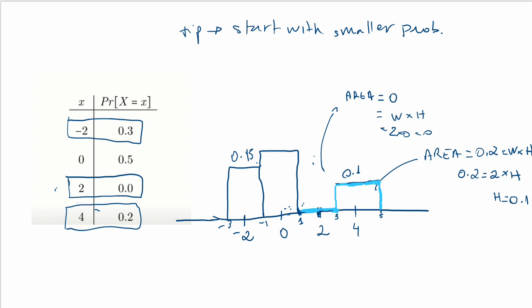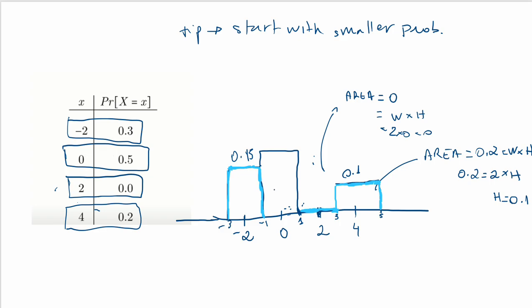Good? So this is my second, and it has to be bigger than the last one, right? Because it's a little bit bigger. So you correct your drawing to account for that. And finally, the last one is the probability that your variable assumes 0. Well, the probability that your variable assumes 0 is a half. So the area of this last rectangle should be a half, okay?